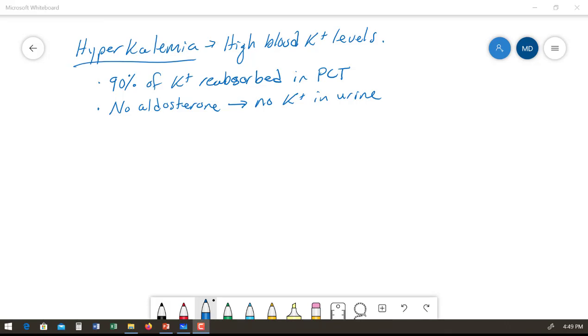And then the final thing is, remember that aldosterone can exchange for either potassium or hydrogen. So aldosterone can do either one of the following.